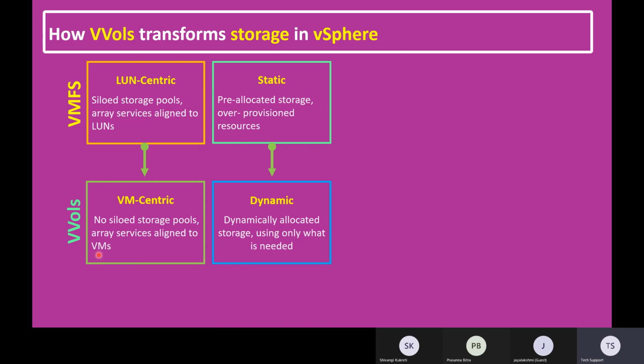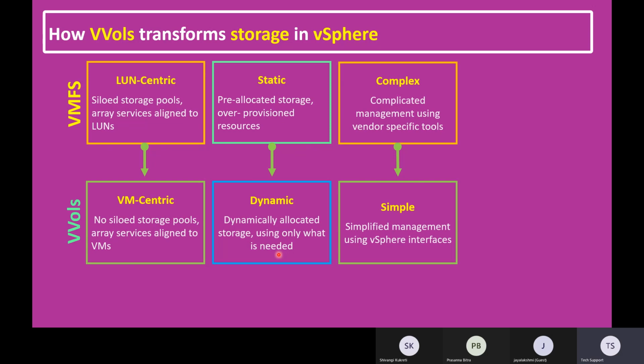Now, another point. At the VMFS level, it's static: pre-allocated storage and over-provisioned resources. But with virtual volumes, the benefit is dynamically allocated storage, using only what is needed. And as I said in our earlier challenges, VMFS is complicated management using vendor-specific tools, but virtual volume is simplified management using vSphere interfaces.